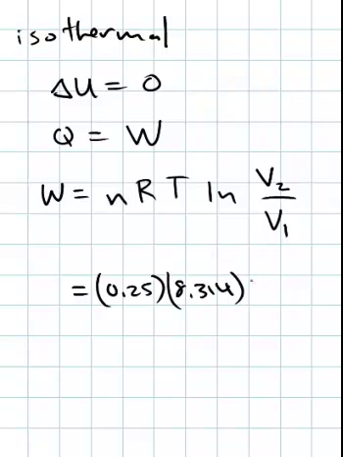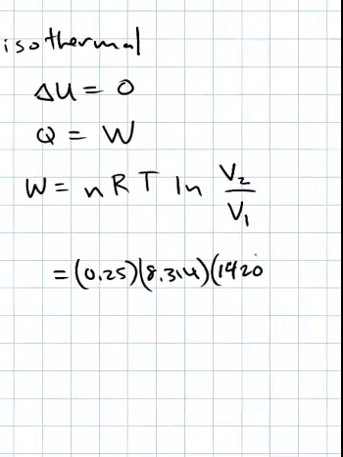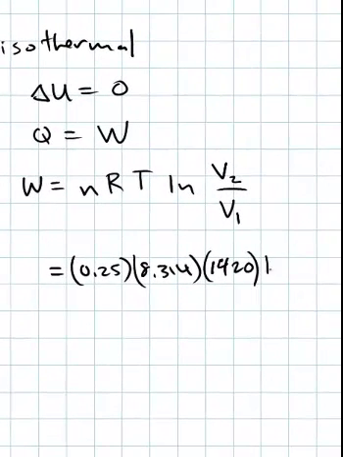The temperature, 1420 Kelvin, and the natural log of 1/2, which is the volume 3.07 times 10 to the minus 3 divided by 6.14 times 10 to the minus 3 is 1/2.